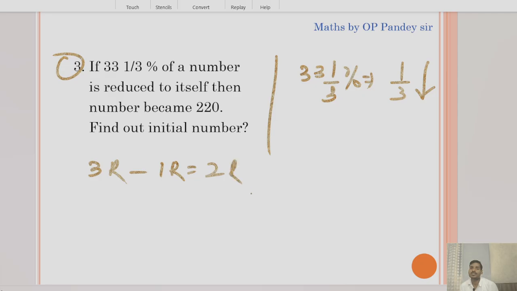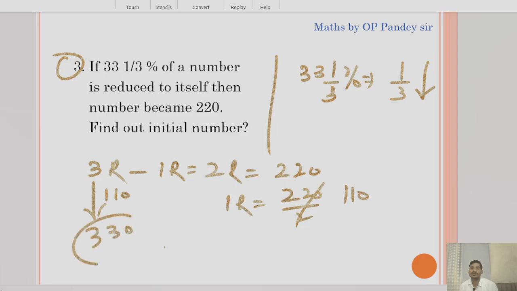The number becomes 2 ratio and according to the question 2 ratio becomes 220. So 1 ratio is 220 divided by 2, that becomes 110. 1 ratio is 110 and what is the original number? That is 3 ratio. So multiply by 110. The answer must be 330. 330 is the correct answer for this question.